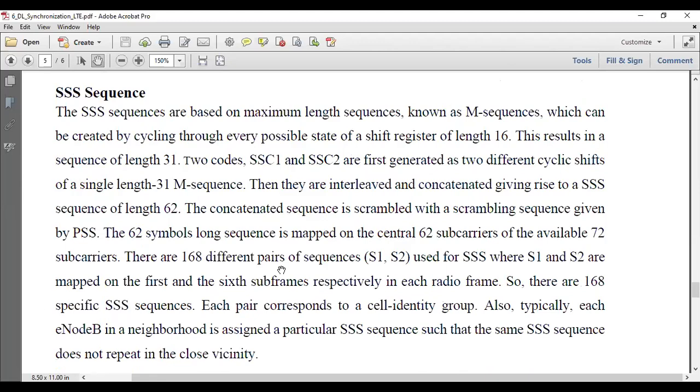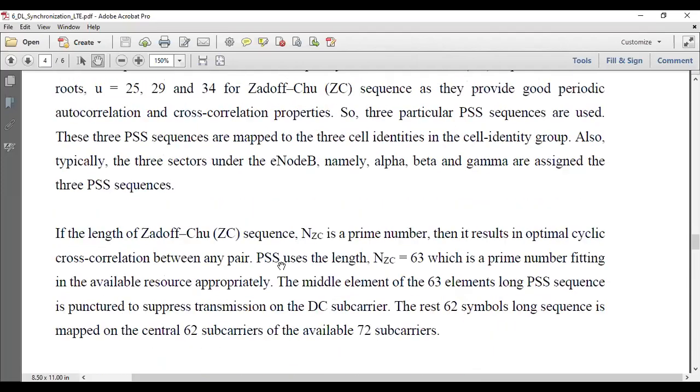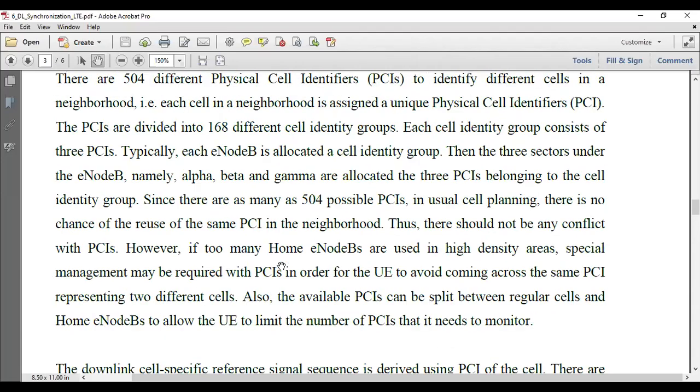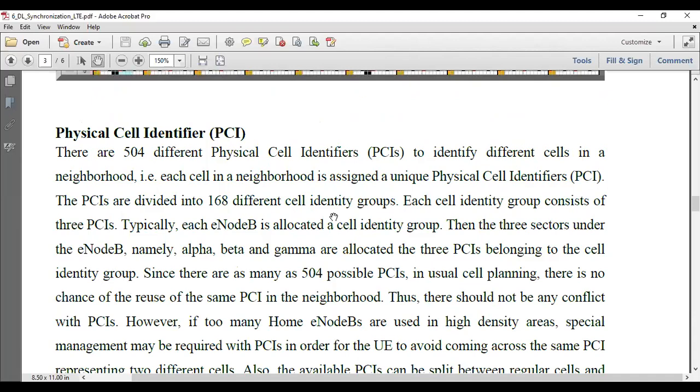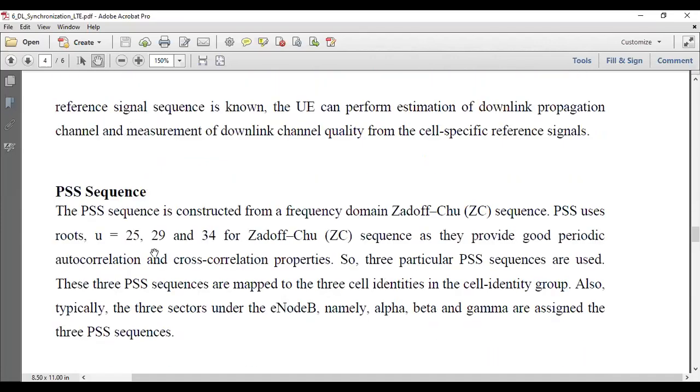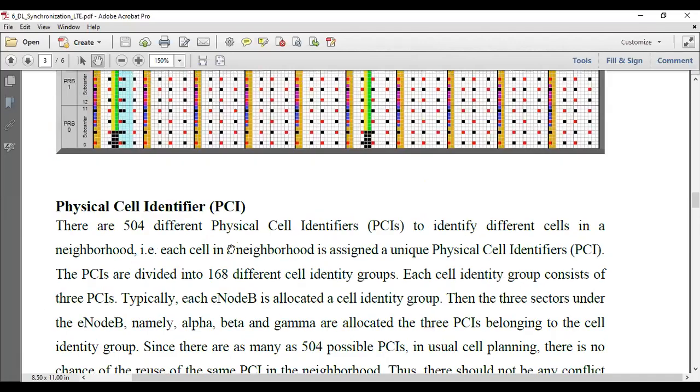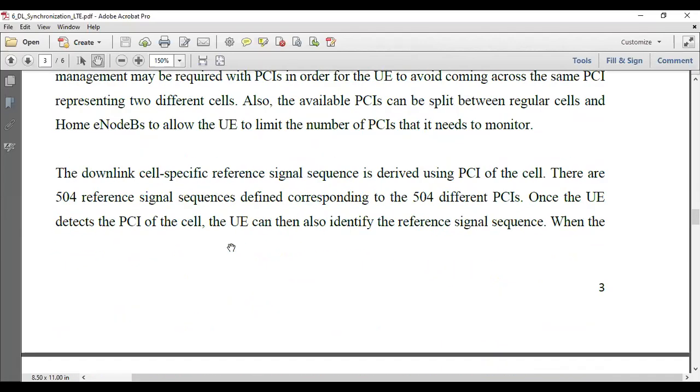So it's the cell entity group of the cell, one of the 168 groups, and previously one of the three possibilities, alpha, beta, gamma. So now you have resolved the PCI completely.